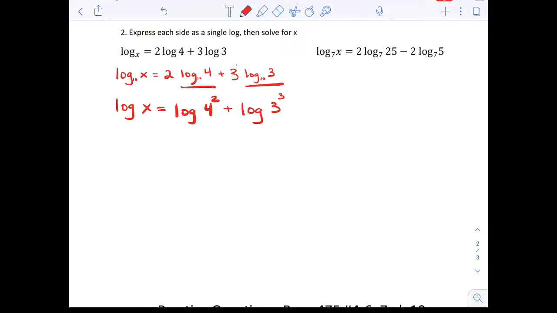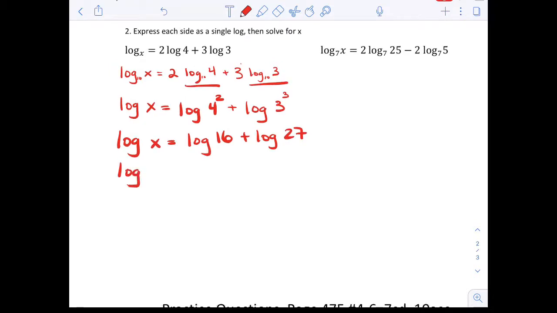So now I can evaluate those. Log x is equal to log 16 plus log 27, because 3 to the power of 3 is 27. And now I can use that product rule that says if I'm adding logs together, I can multiply their arguments. Arguments are the numbers that are with it. 16 times 27.